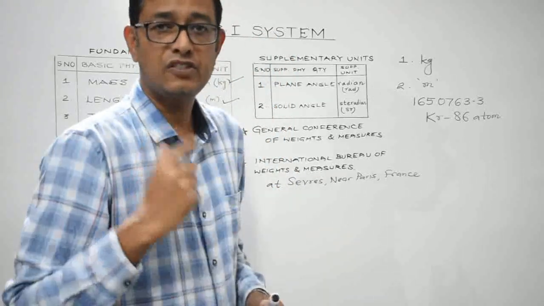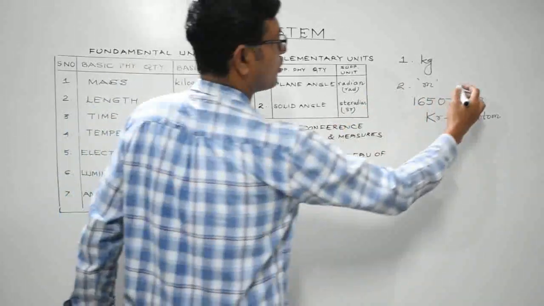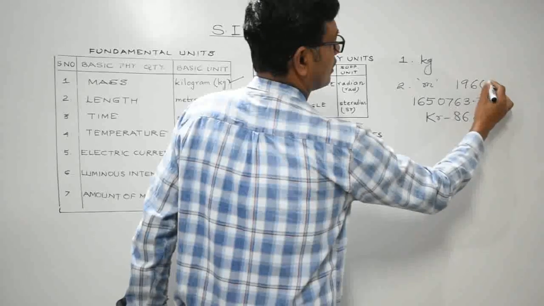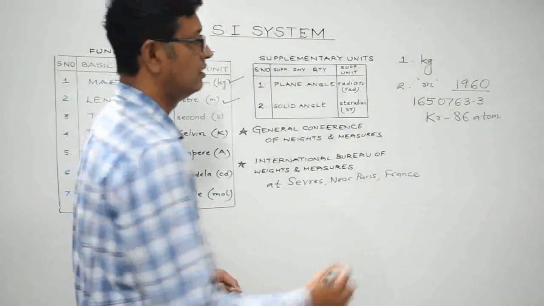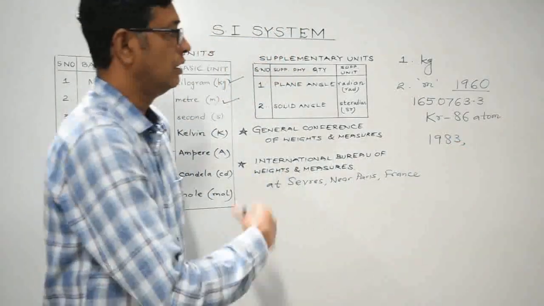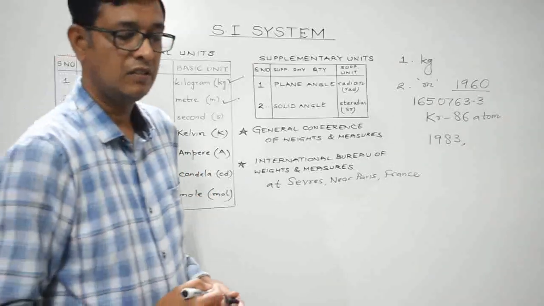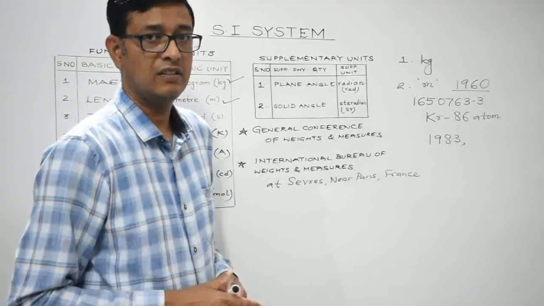There is another very interesting definition. The earlier definition was given by the General Conference of Weights and Measures in 1960. 23 years later, in 1983, it was redefined. The meter was redefined in terms of the speed of light.